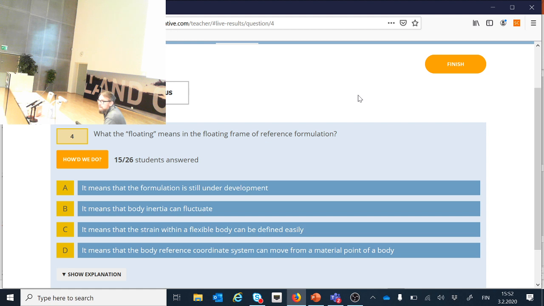It means that the body mass can change. It means that the strain within the flexible body can be defined easily. And the final one, it means that the body reference coordinate system can move from a material point of the body. One is correct. What is the correct one?